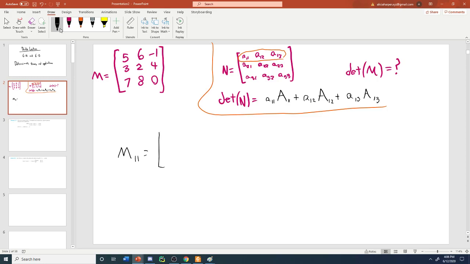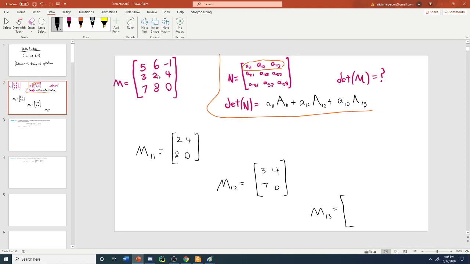So this ends up being 2, 4, 8, 0. Likewise, we'll look at M12, which corresponds to excluding the first row and the second column. So 3, 4, 7, 0. And then finally, we will look at M13, which corresponds to excluding the first row and the third column. And in that case, we get 3, 2, 7, 8.